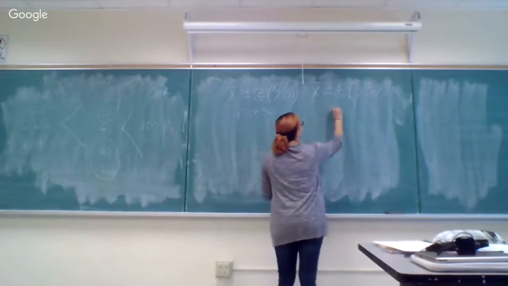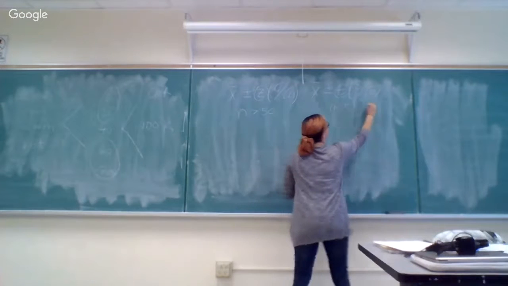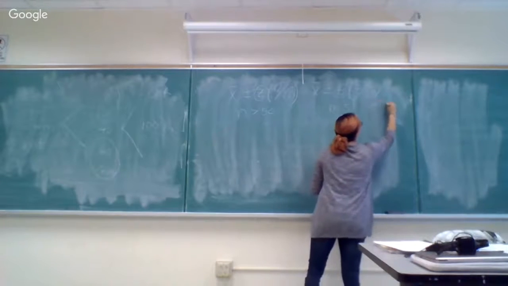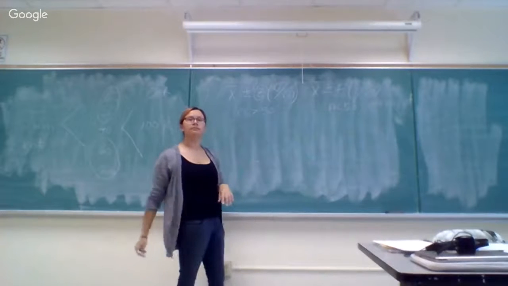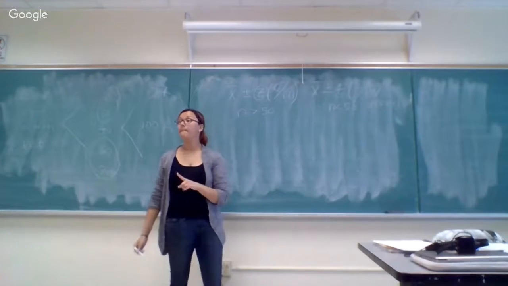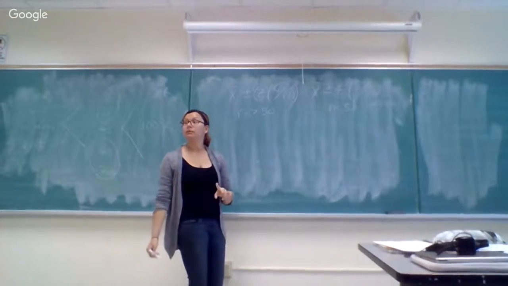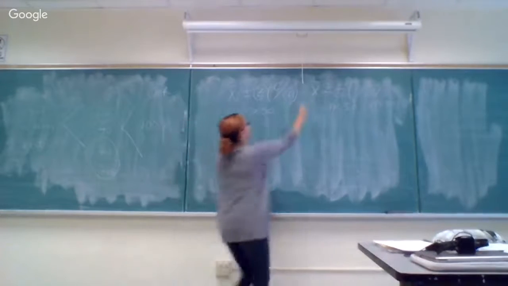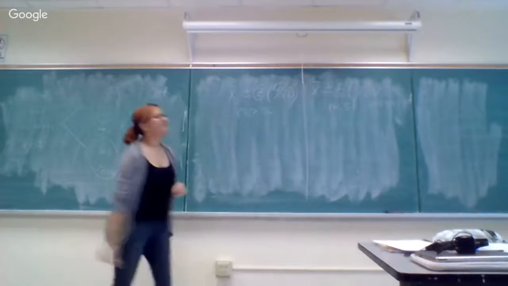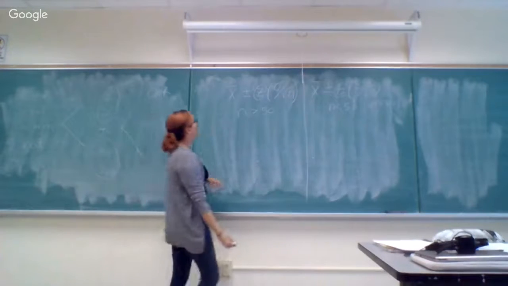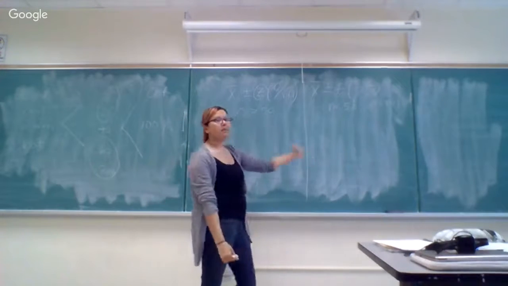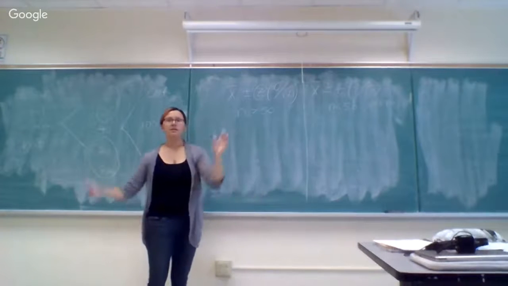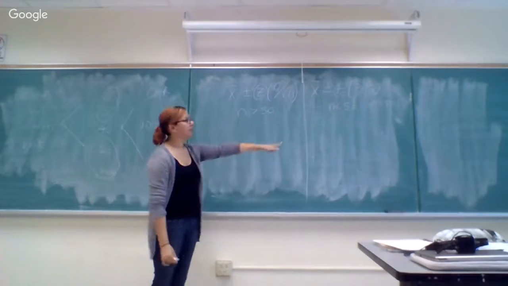This is n less than 50, and then degrees of freedom n minus 1. So that's the first thing you should do. You should ask, is my sample bigger than 50 or smaller than 50? That tells you whether to use Z or T.